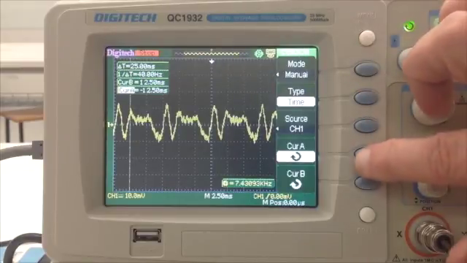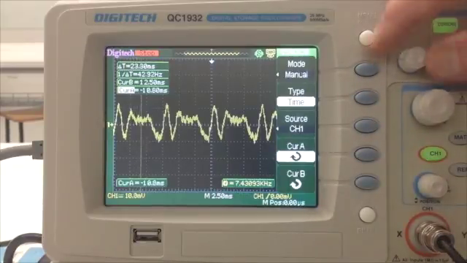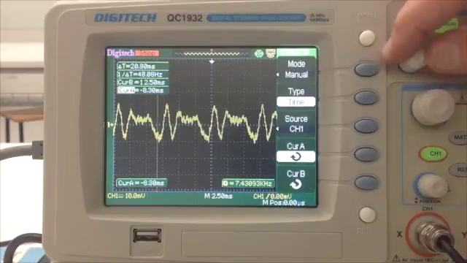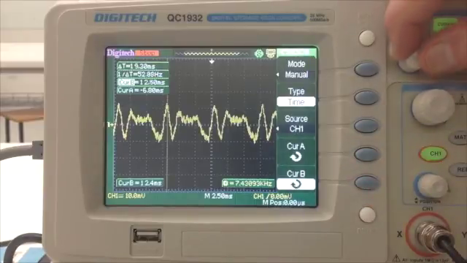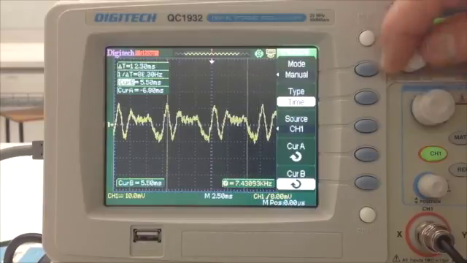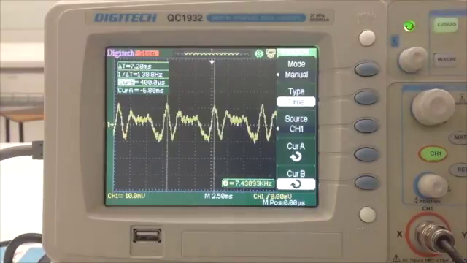Now I'll select cursor A, and we can adjust the position of cursor A. I'll put it on one of those big spikes, fixate that point, and then select cursor B. I have to gradually move cursor B up until we see where the repeating pattern is. So I think from there to there gives us some idea of what the fundamental frequency was of that note.